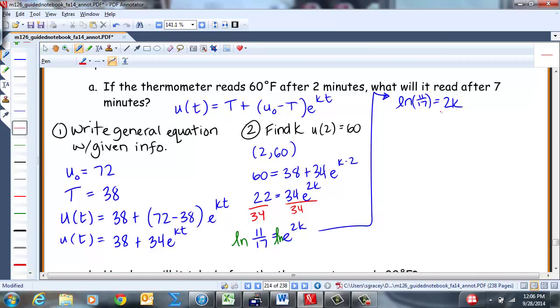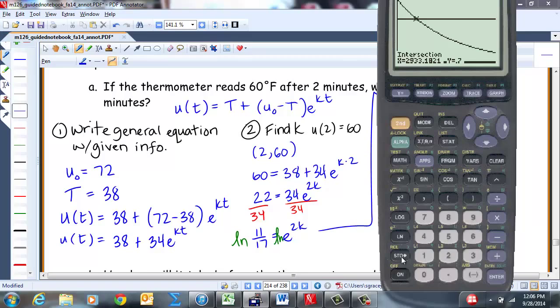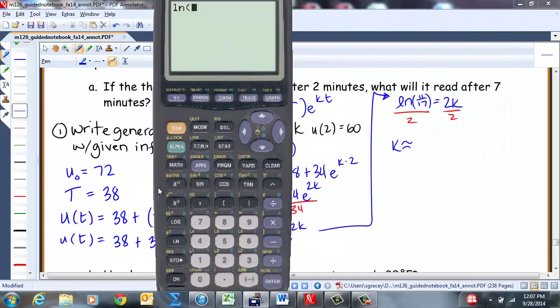And then dividing both sides by 2, we get k as approximately, what do we have? 11 divided by 17, close the parentheses and then divide by 2. So we get approximately what? Negative 0.2177, we'll call it.